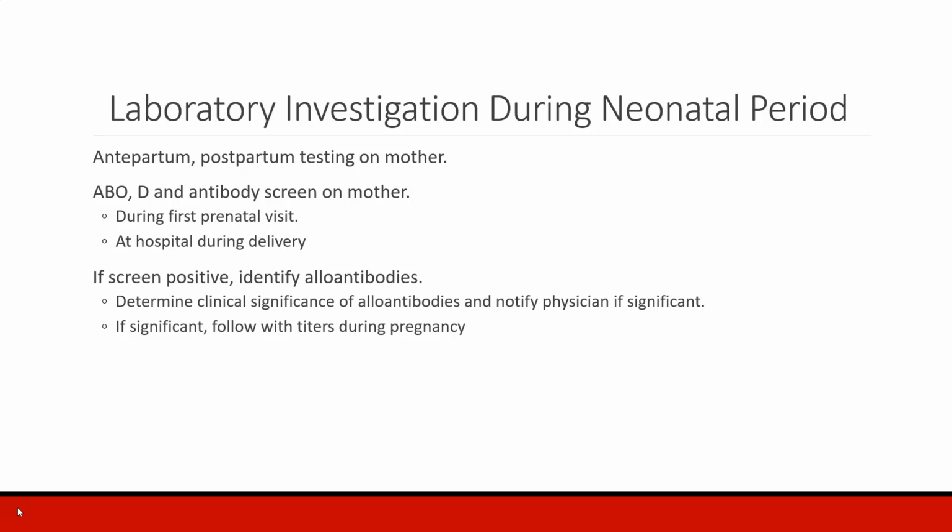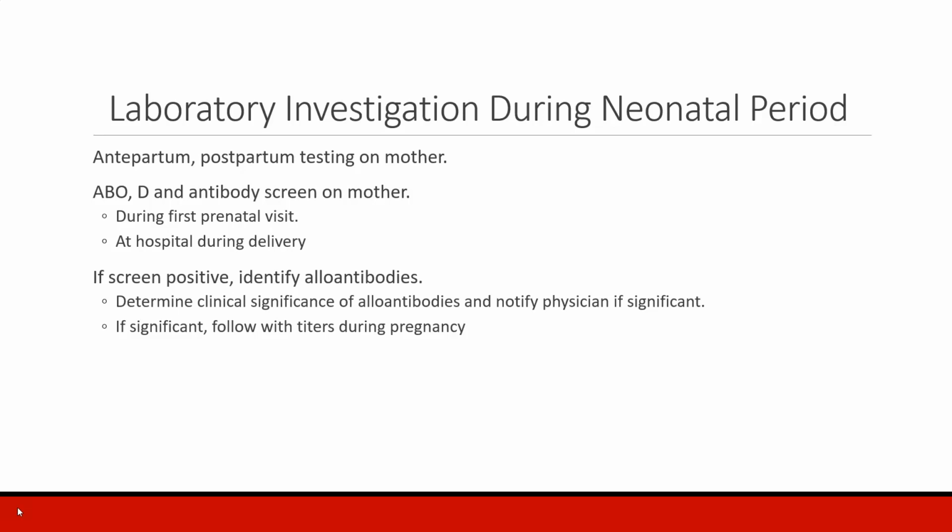If the screen is positive, then you will identify the alloantibodies and determine their clinical significance because the clinically significant antibody is IgG. So it can cross the placenta and it can cause harm to the baby's red cells if they possess the antigen. So any alloantibody that's identified, you determine the clinical significance and notify the physician.